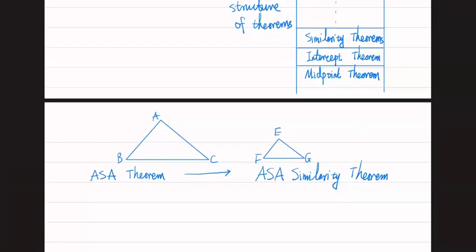For the congruence, we need the two angles. Let's see, angle A, angle B, angle F. This is just AA, not ASA. Correct myself.